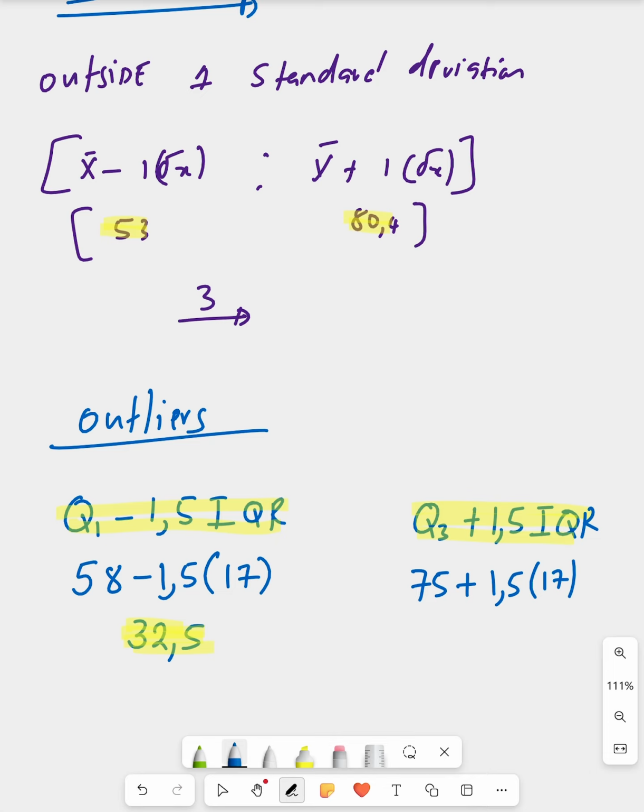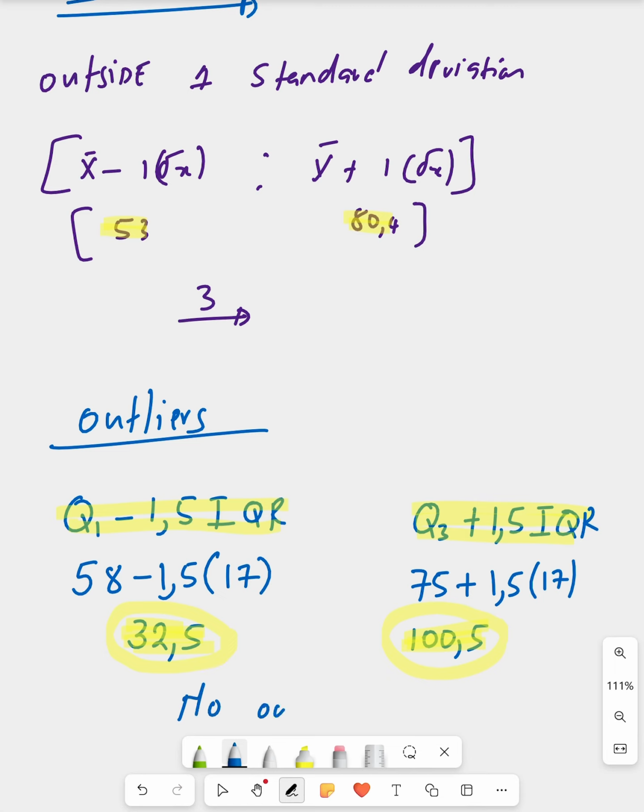This is equal to 100.5. Any number that is bigger than this is also an outlier. Now if we check our numbers, the minimum is 43, so there is no number that is smaller than 32.5. The maximum is 92, so there is no number that is bigger than 100.5. So that means there are no outliers in our data set.